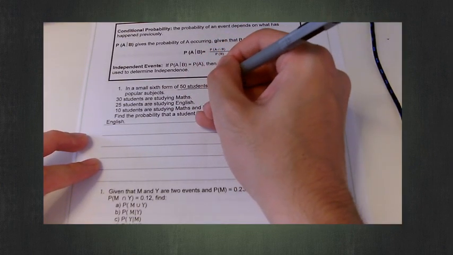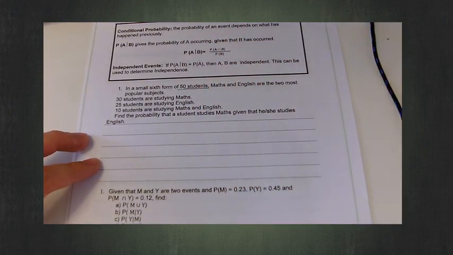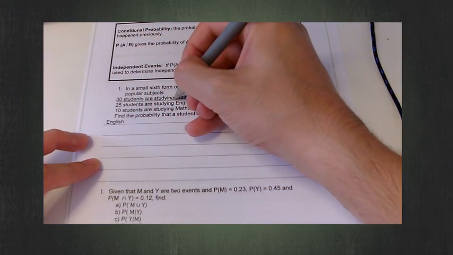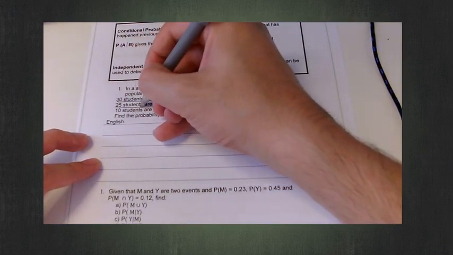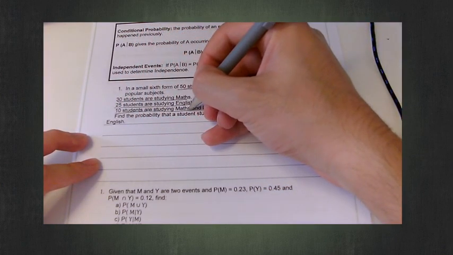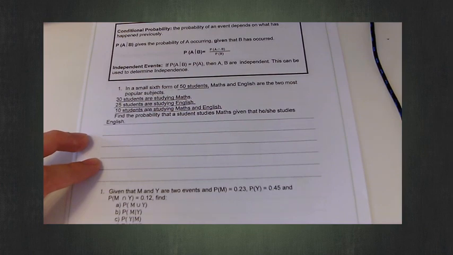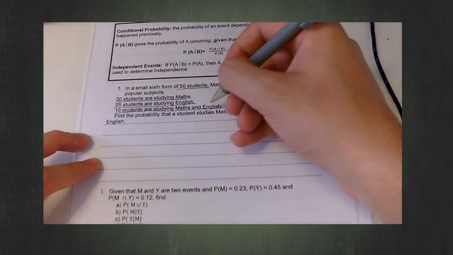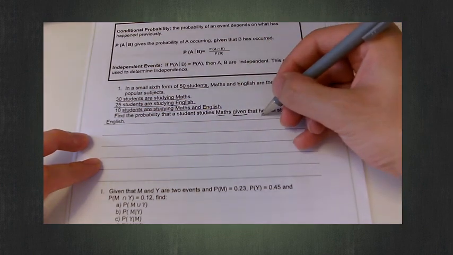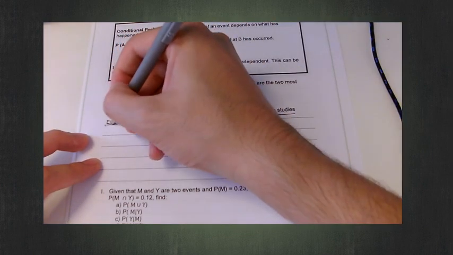It's a very small sixth form, 50 students are there, 30 students study maths, 25 students studying English, and 10 students study both. Find the probability that a student studies maths given that he or she studies English.